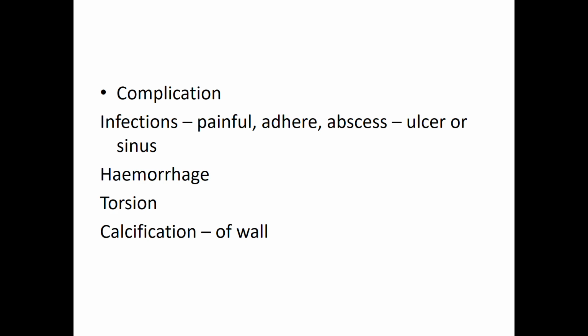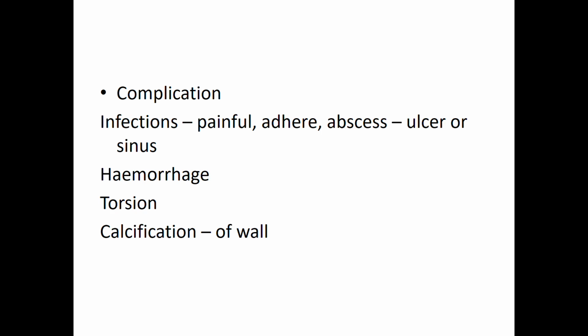Hemorrhage within the cyst is also a very common complication, and this also presents as pain. Suddenly the patient might say, till yesterday there was no pain, but today I'm having severe pain. So always suspect hemorrhage when the patient complains of sudden pain, and this is usually seen in the thyroid cyst.